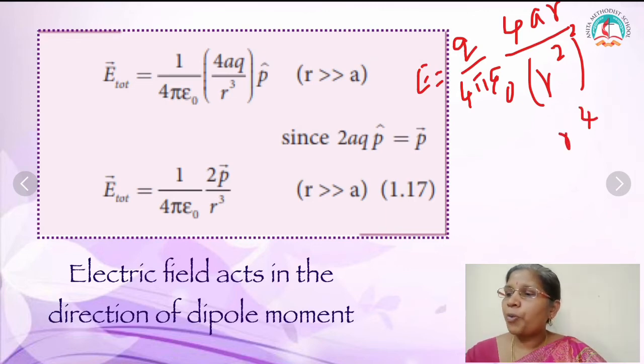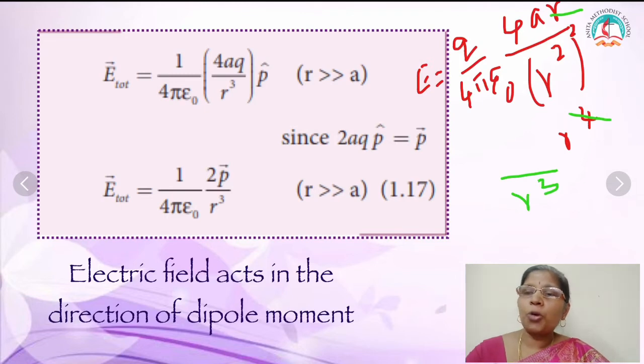So the denominator side 1 r and the numerator side 1 r cancel. Then in the denominator I will get r power 3. So E total is equal to 1 by 4 pi epsilon 0 into 4aQ divided by r power 3 into the unit vector.